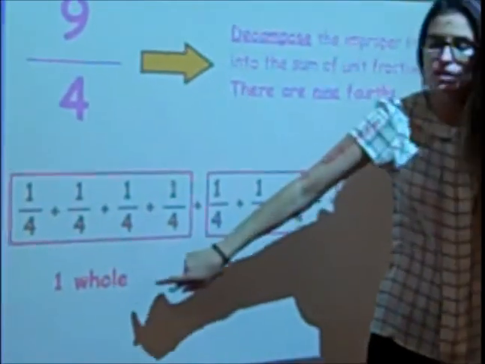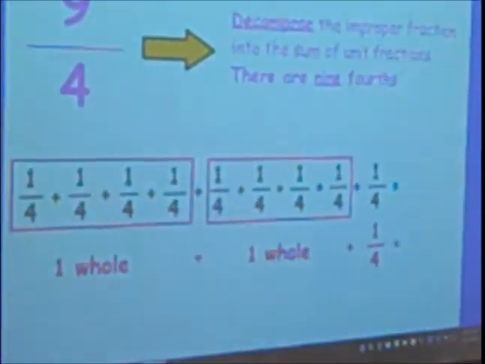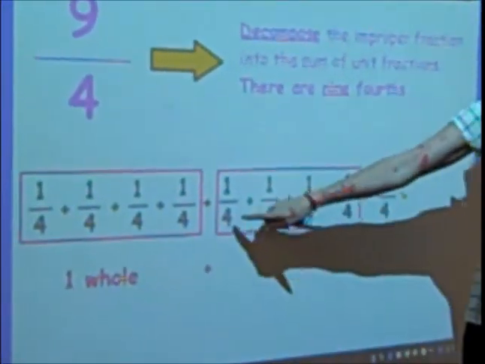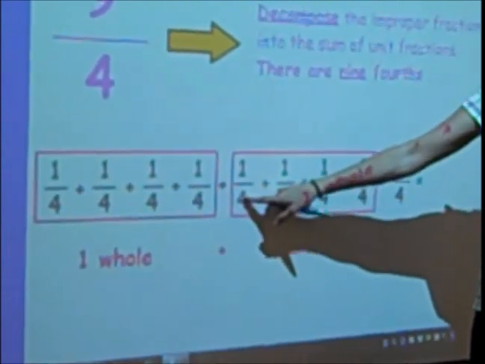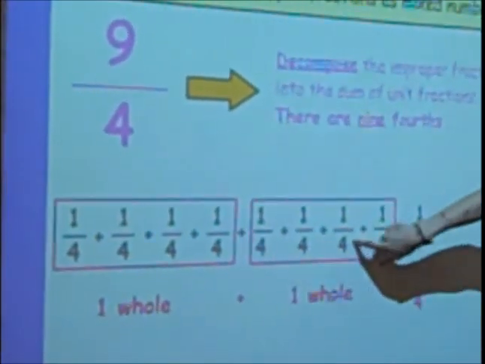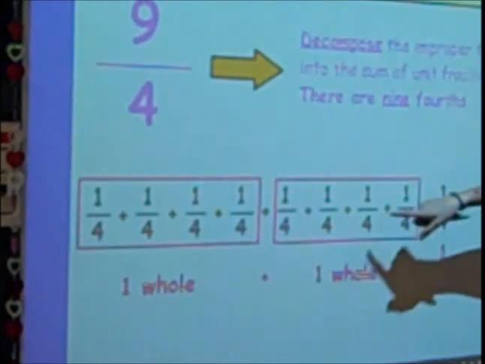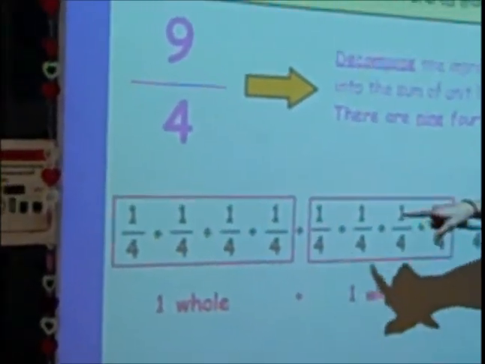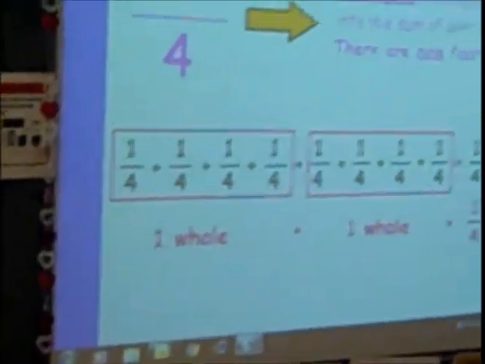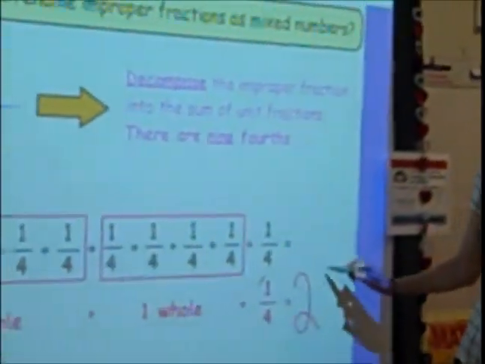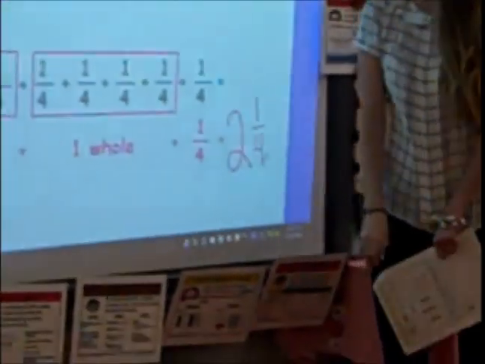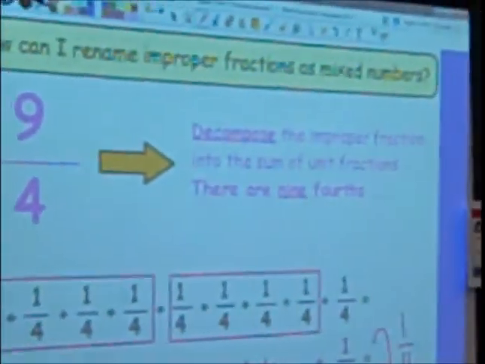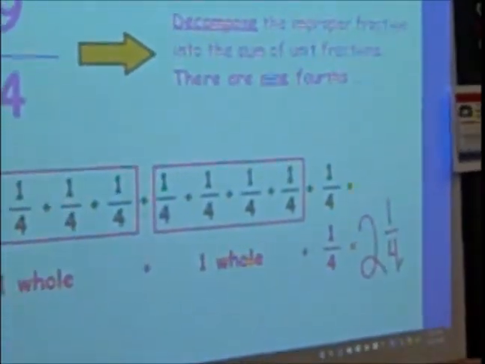So you would box it, and then underneath of it, you could write 1 whole to keep track of their thinking. And then you keep going, because you have 9 of them. We've only done 4. So we do another set of 4 fourths, which is another whole. And then we have 1/4. Well, 1 whole plus 1 whole is 2 wholes, and then we have 1/4. So 9 fourths is the same as 2 and 1/4.